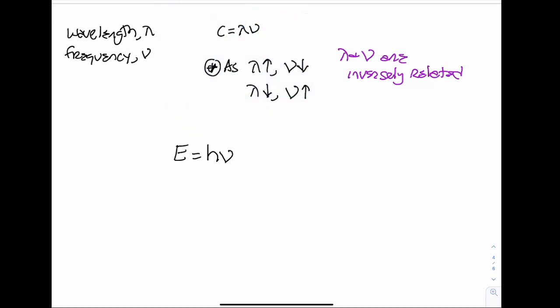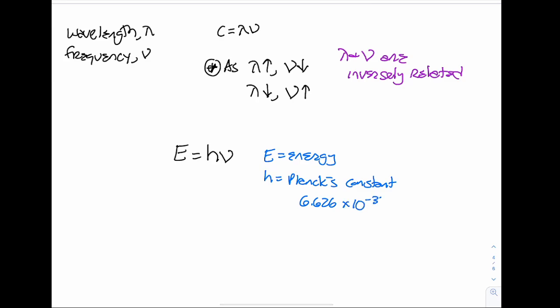So in this equation, E is energy, and this equation is also provided on your periodic table. h is Planck's constant, which is given, also on the back of your periodic table, 6.626 times 10 to the negative 34th joules times seconds. And nu again is my frequency.